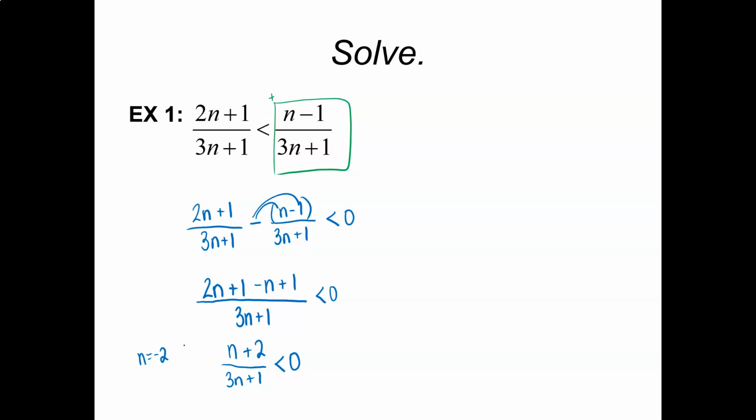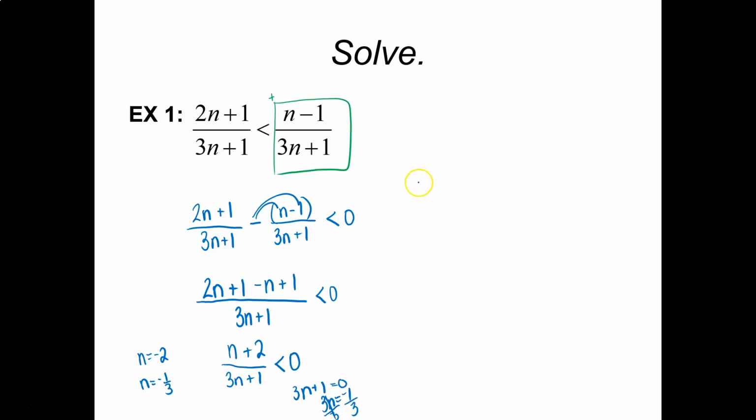What about in the denominator? Negative 1/3. Perfect. And that second one's a little bit tougher because you're doing 3n plus 1 is equal to 0. So you move that 1 over, get 3n equals negative 1, divided by 3. That's how we get that one.